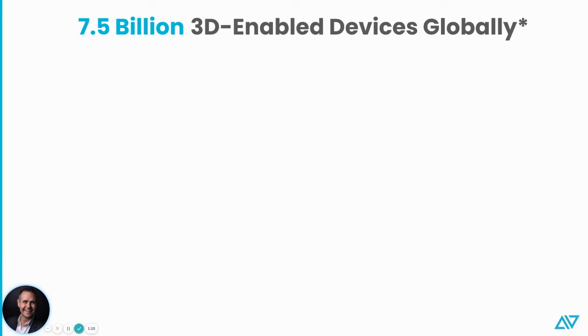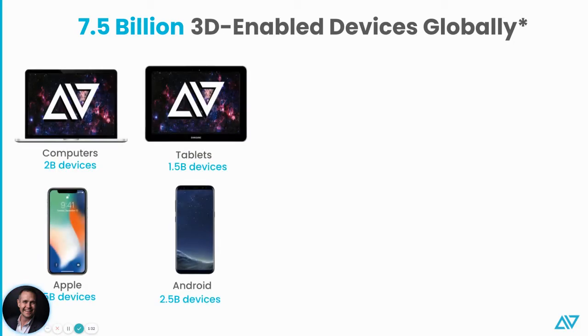Over 7.5 billion 3D-enabled devices exist globally as of today. Computers, tablets, smartphones are all primed and ready to take advantage of the new technologies in 3D, AR, and of course, XR across the entire spectrum.